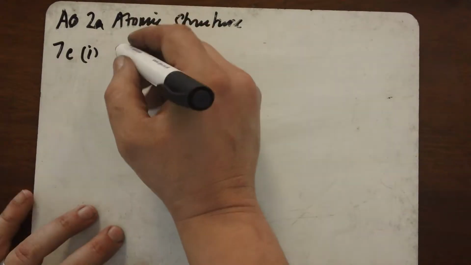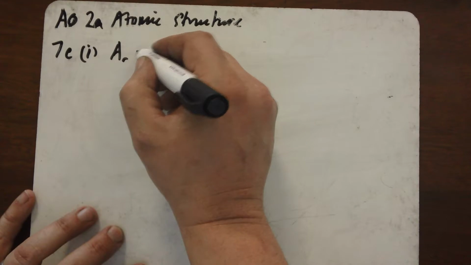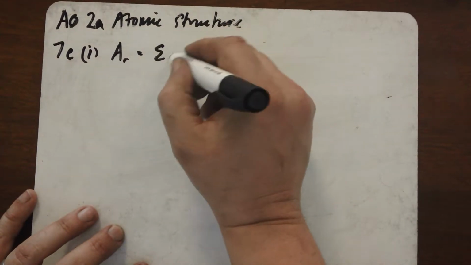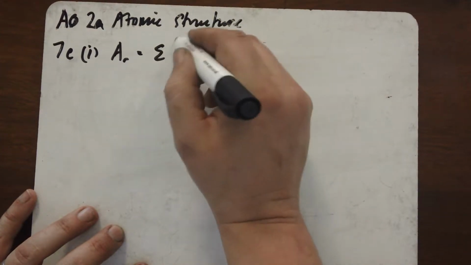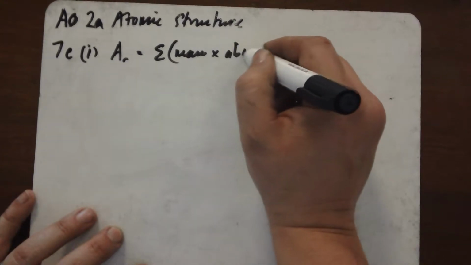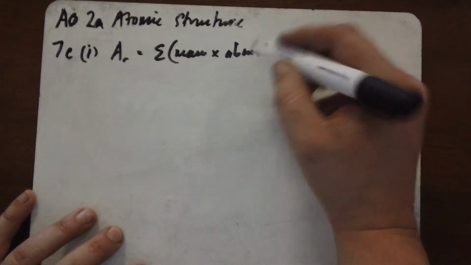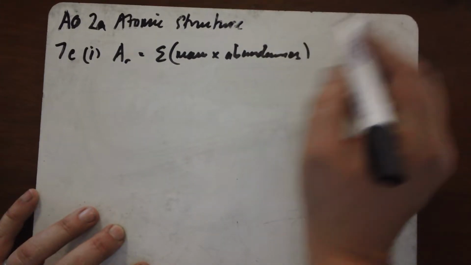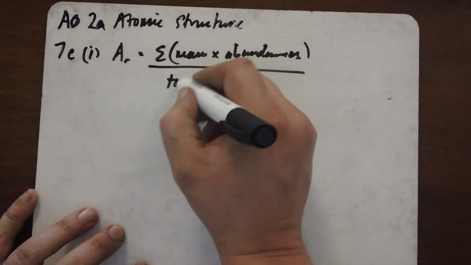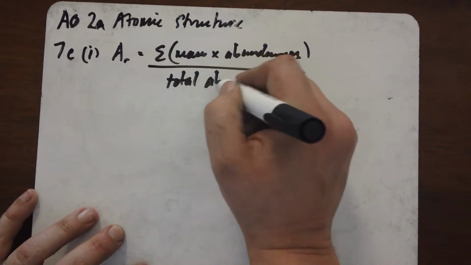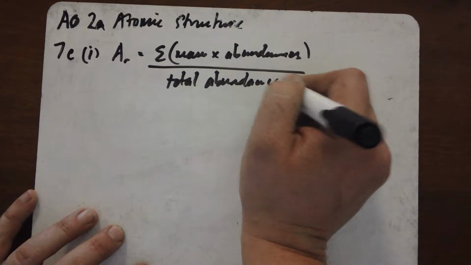So the first thing we need to do is write down our equation to work out what the relative atomic mass is, and it's the sum of all of the masses multiplied by the abundances divided by the total abundance.